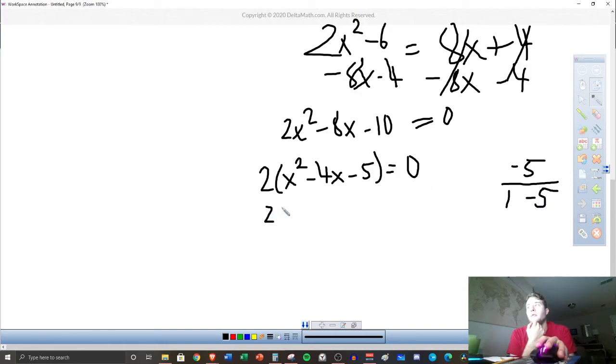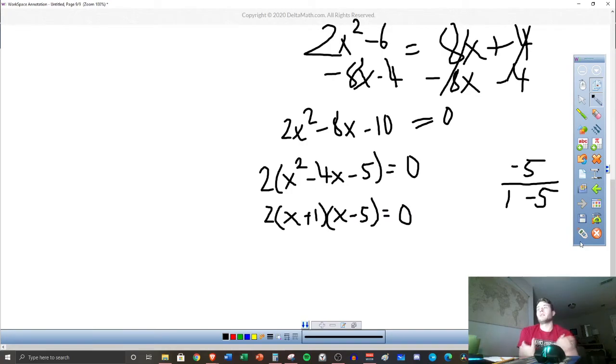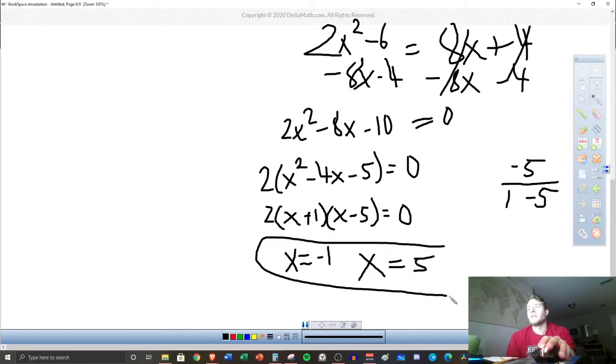So we're going to do 2 times x plus 1, x minus 5. So we're using all the skills that we have for algebra to do these problems. So we get our final zeros, x equals and x equals. Remember, we have to change the signs of these, so it's -1 and 5. So here's our answers to the question.